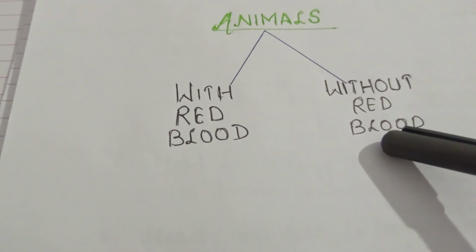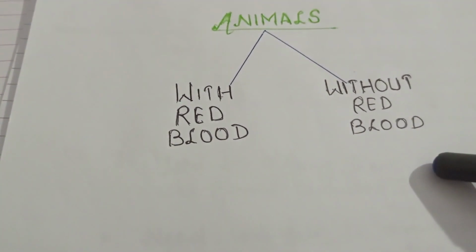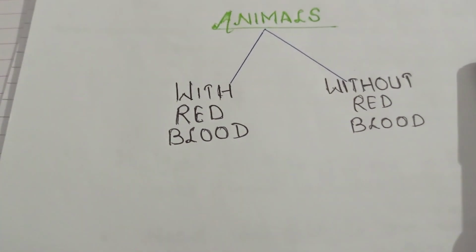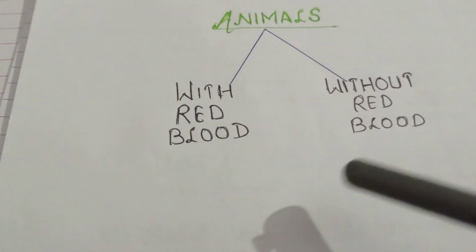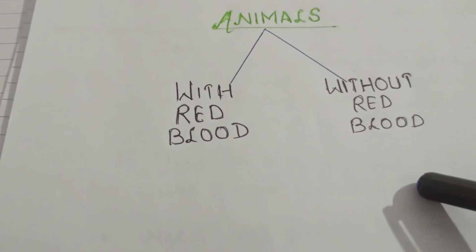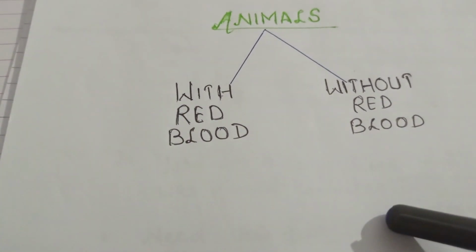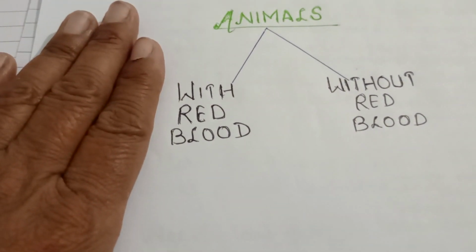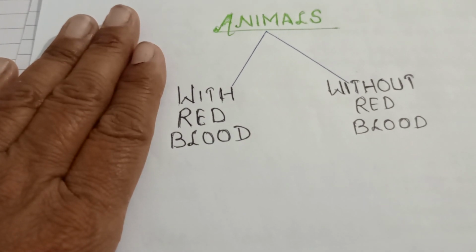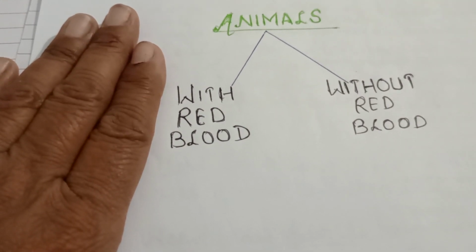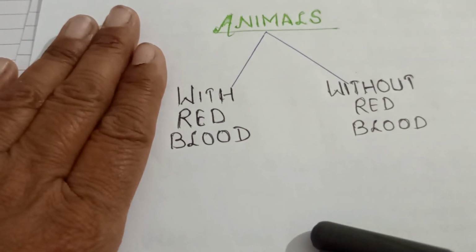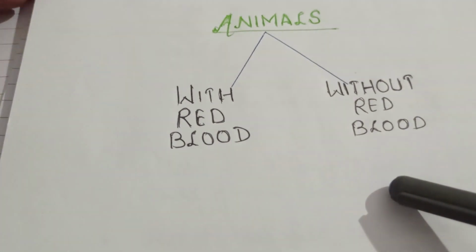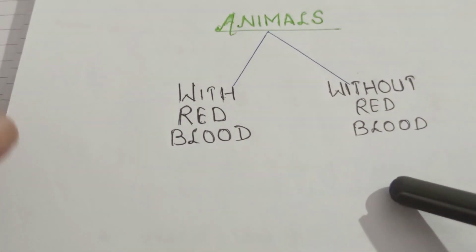Only morphological characters could not be considered for the classification of such a wide variety of organisms. So this classification was not considered in future to classify various organisms. Earlier it was a simple classification, but because of diversity, so many differences in characters, this classification could not be considered for further studies, and so it was not accepted much.